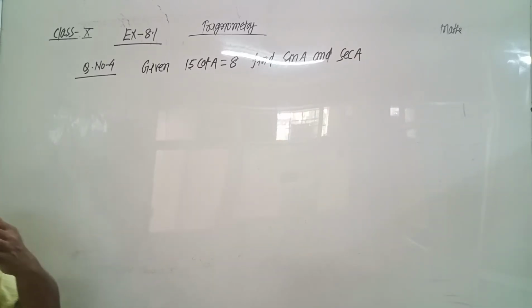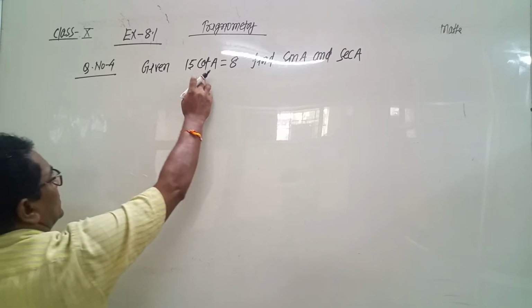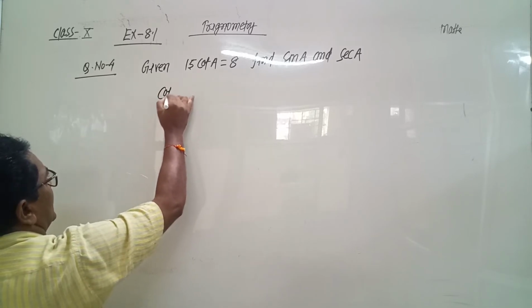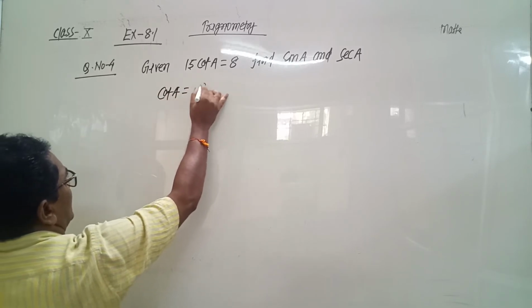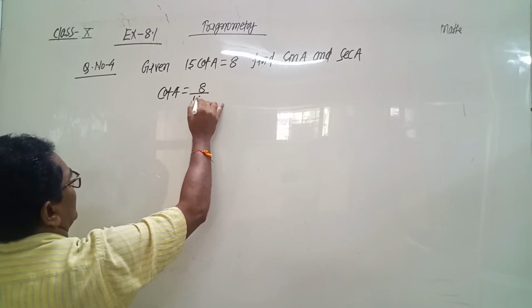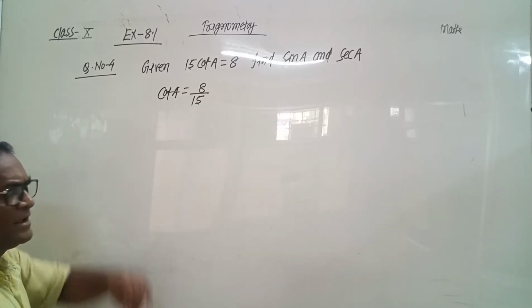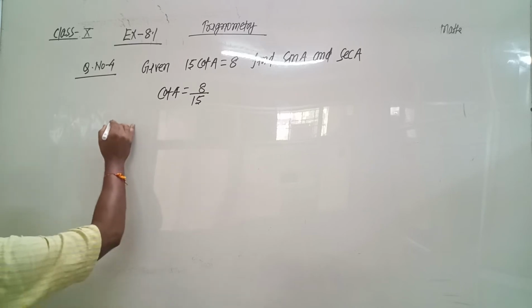We have given 15 cot A equals 8, and cot A is written as 8 upon 15. The value of cot A will become 8 by 15.